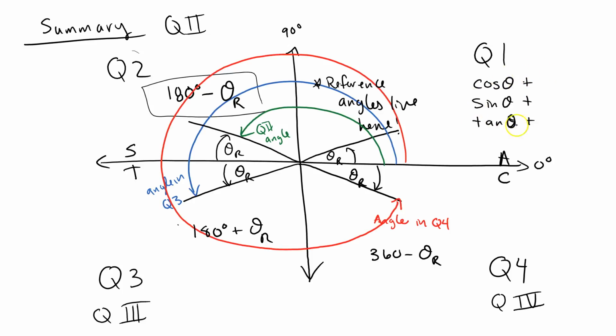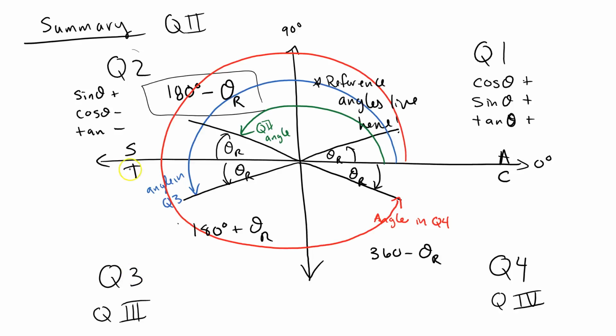So just to keep on going with the CAST rule, all trigonometric ratios are positive in quadrant 1. In quadrant 2, the only one is sine, because we have S here. So sine theta is positive, and cosine theta is negative, and tan is also negative.